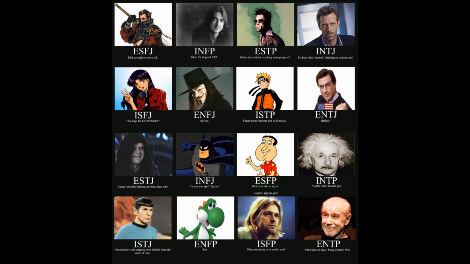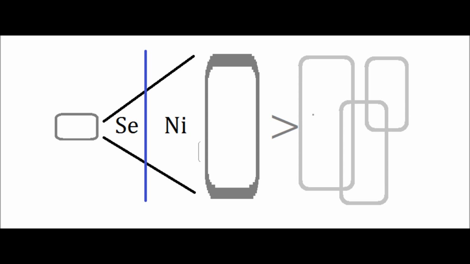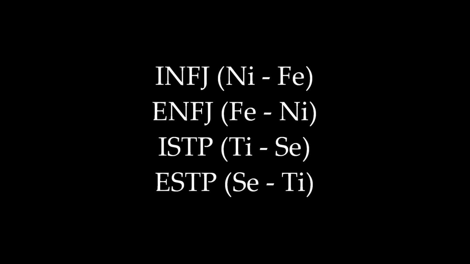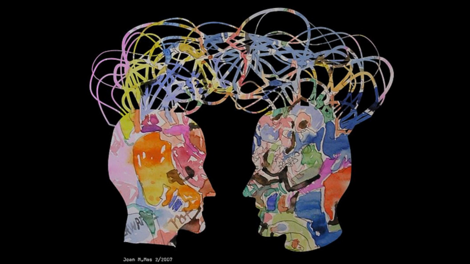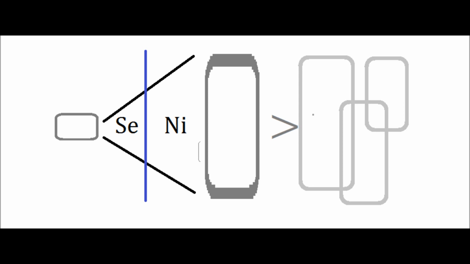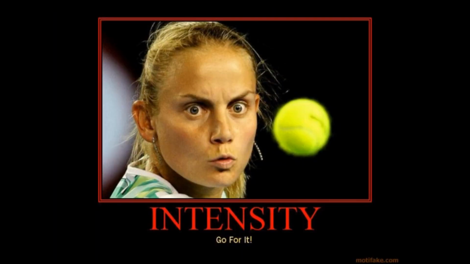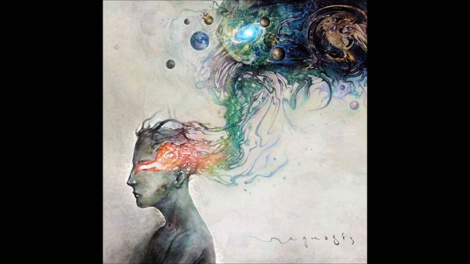The first category I will discuss combines FETI and SENI, giving us the INFJ, ENFJ, ESTP, and ISTP. The FETI axis brings a harmonizing attitude, one that tries to align with an outside standard of some kind. The SENI axis brings a magnifying or intensive attitude, which directly experiences objects but associatively experiences their impressions of objects.